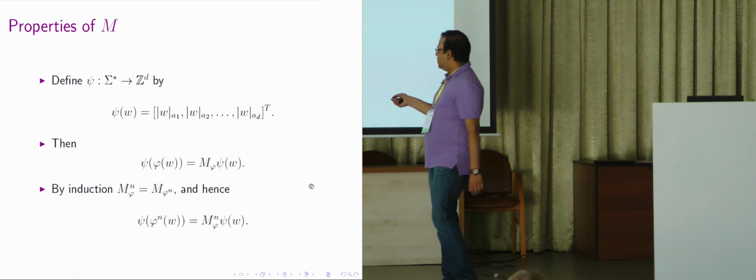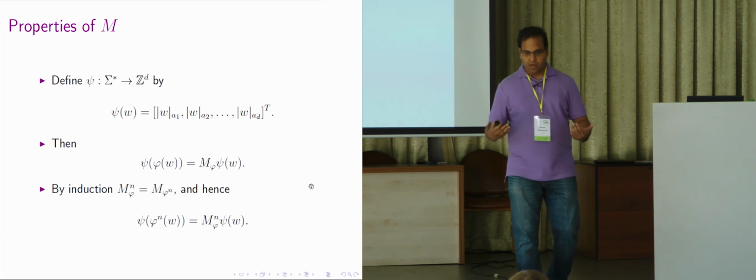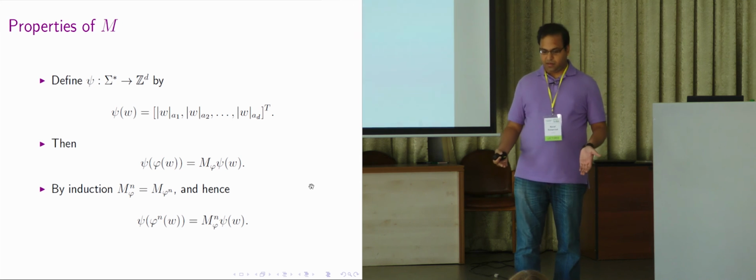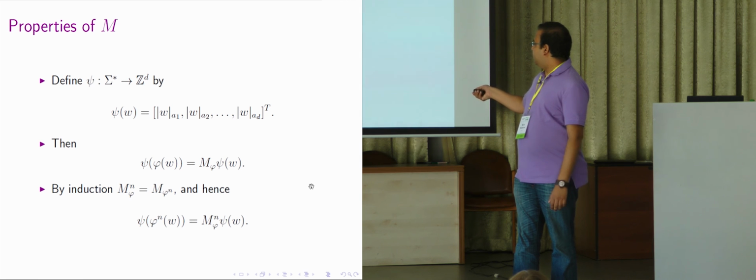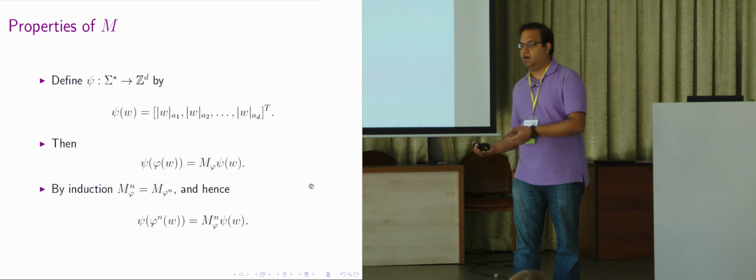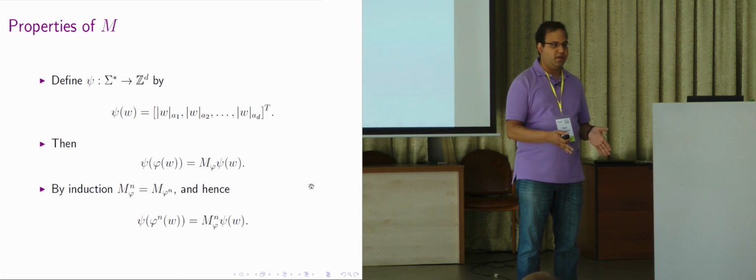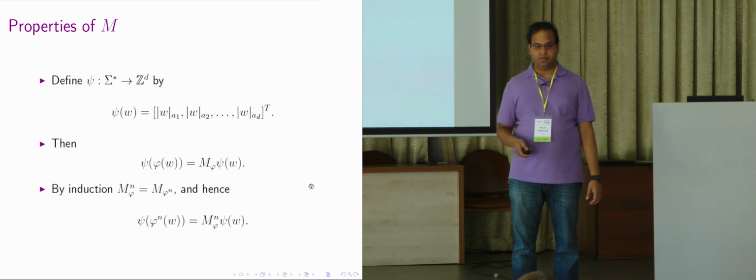And now, of course, the point is that if I have a word and I apply the morphism to it, then its Parikh vector can be obtained by taking the Parikh vector of the word I started with and multiplying it by the matrix of the morphism.